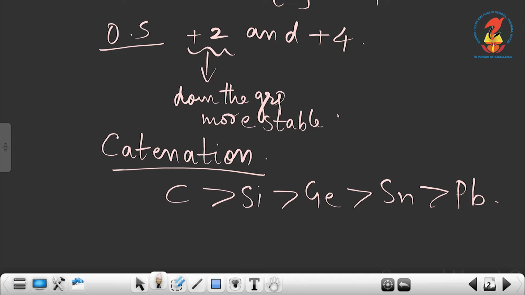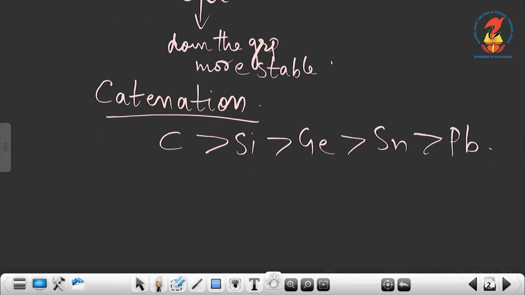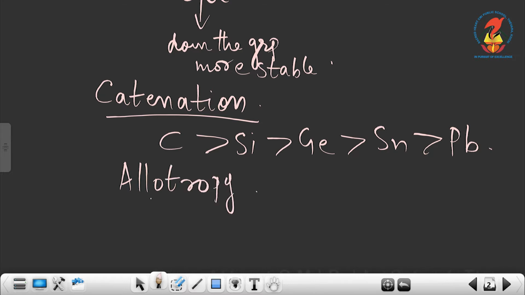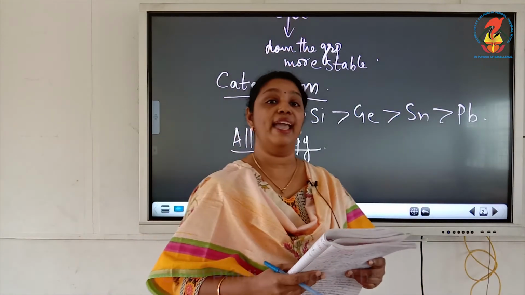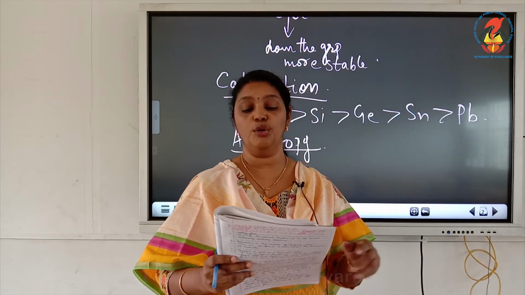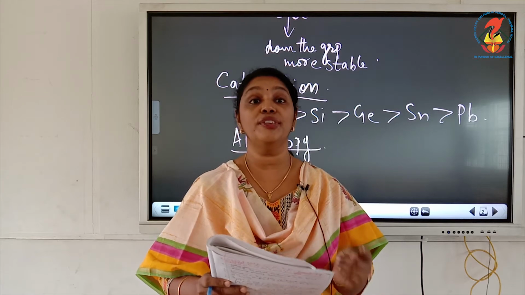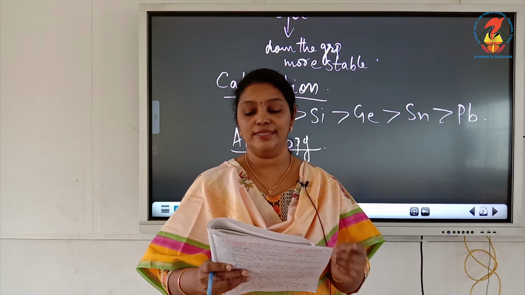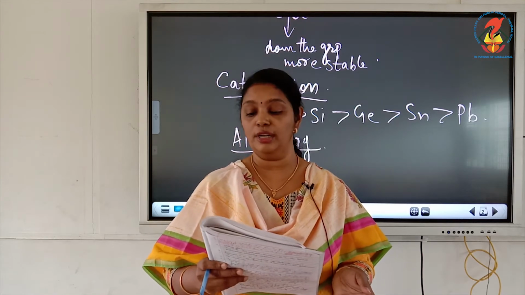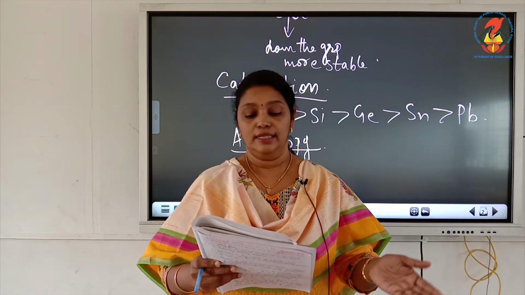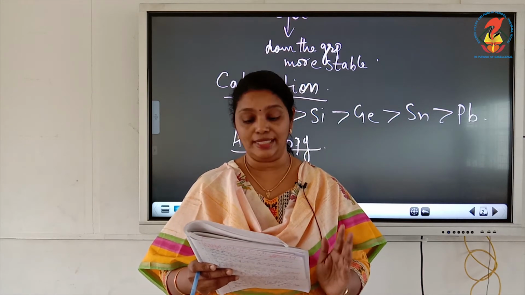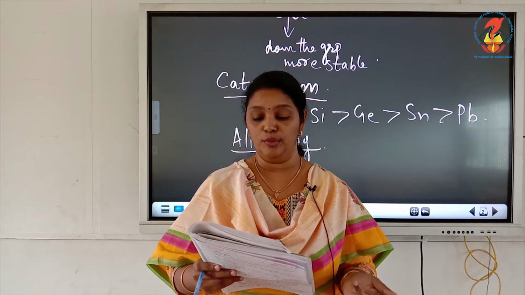Now, next, define allotropy and what is the reason for allotropy? Allotropy means the existence of an element in two or more forms which have different physical properties but same chemical properties. This is due to the property of catenation and pp bond formation.